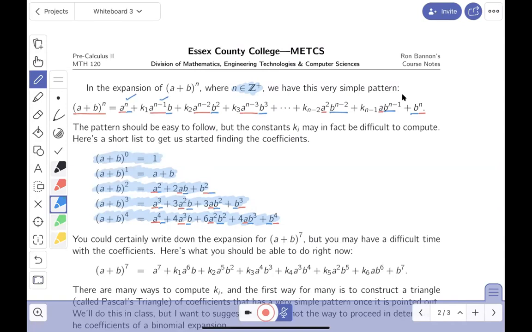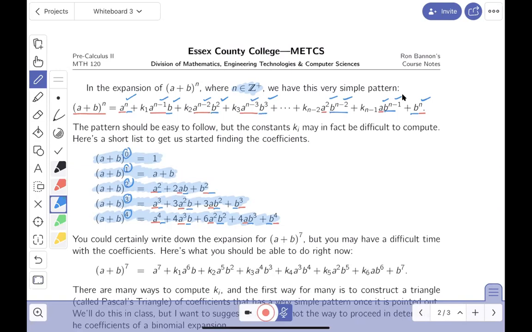There's two exponents here, n minus 1 and 1, that sums to n. n minus 2 and 2 sums to n, n minus 3 and 3 sums to n, 2 and n minus 2 sums to n, 1 and n minus 1 sums to n, and certainly n is n. And that's true with the other ones we just did too. If you look at every single term, the exponents sum to n.